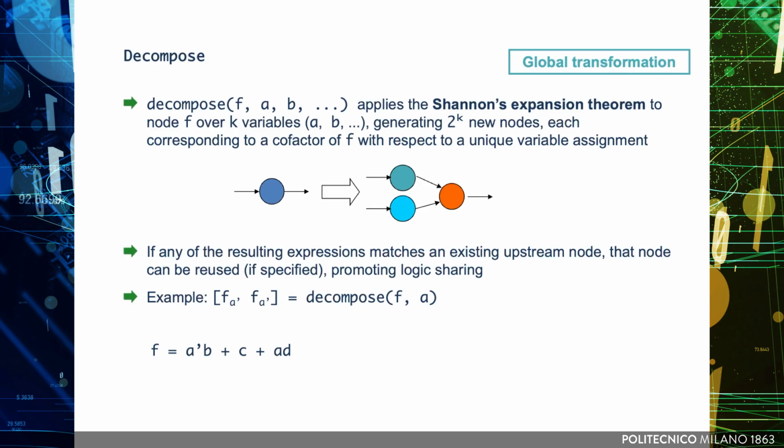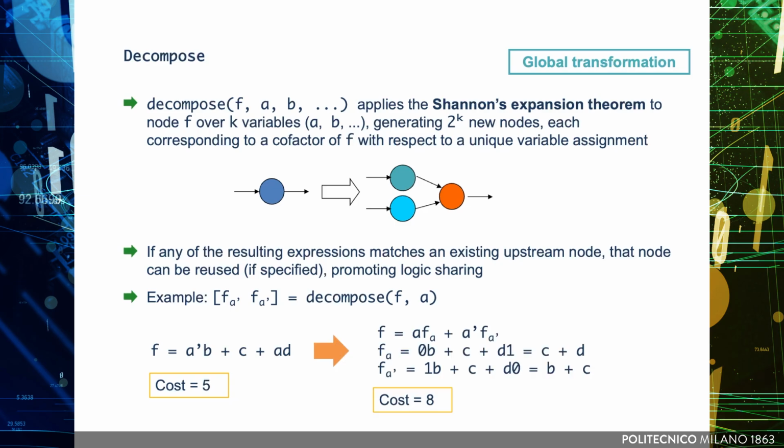We want to apply decompose on node f with respect to variable a, producing 2 new nodes, f sub a and f sub not a. The initial circuit has a cost of 5 literals. The node f is then rewritten using Shannon's expansion theorem as a and f sub a or not a and f sub not a.